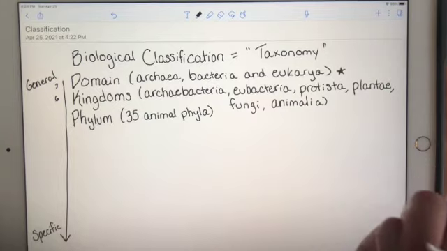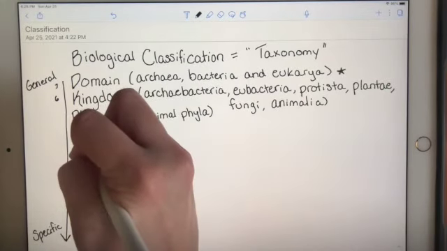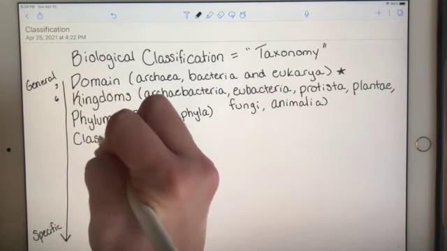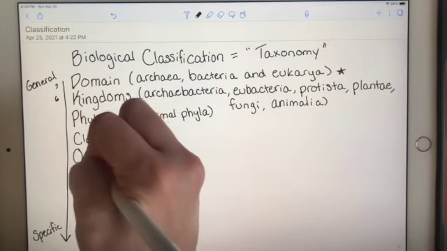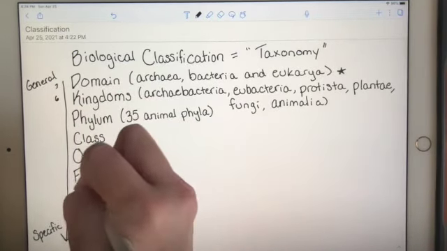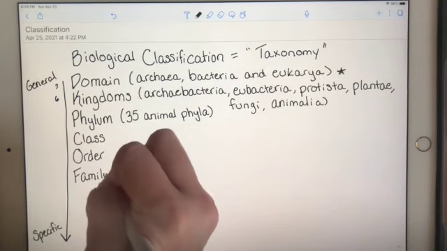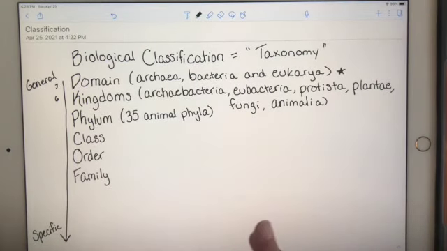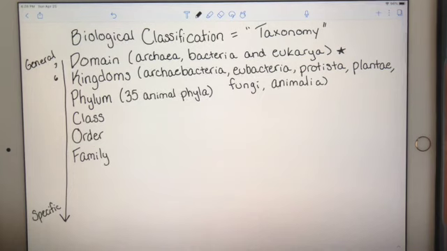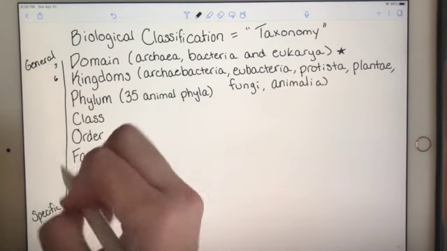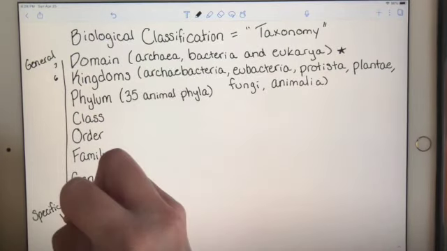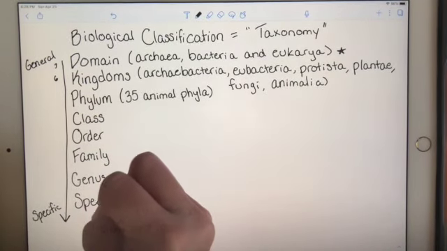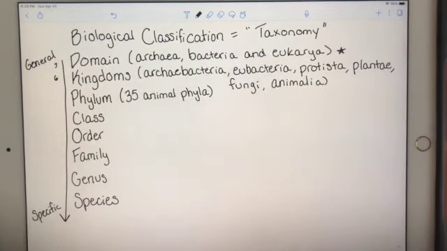After phylum, we can further classify the organism we're looking at with a class, and then an order, then a family, and then what some people will argue will be the 2 most important, we have the genus, and last but not least, the most specific, species.